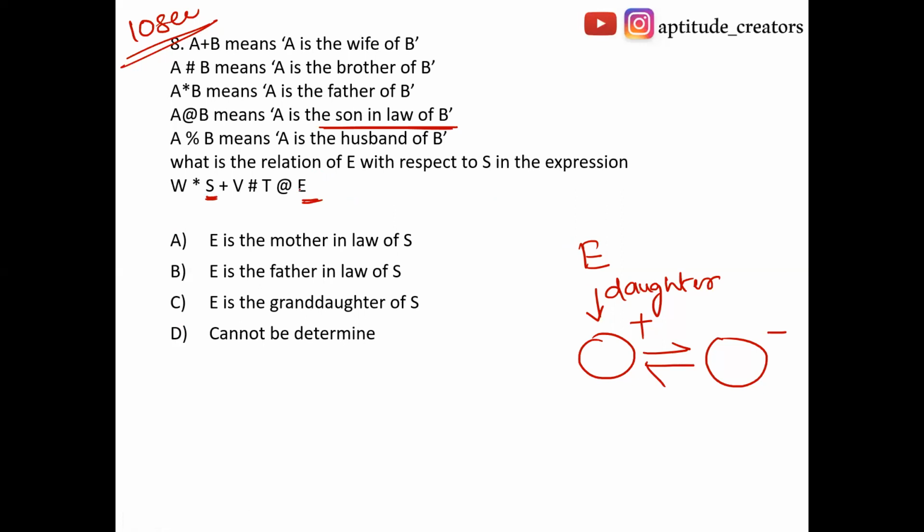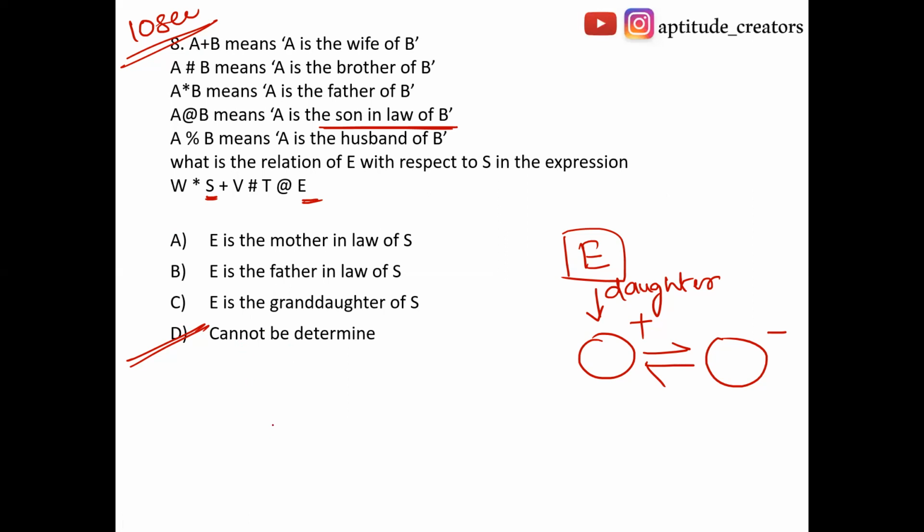Now can I say the answer is cannot be determined because I'm not getting the gender of E? That is the reason I can say cannot be determined. Whenever you see these types of questions, whenever you see an alphabet at the last place, you can blindly say the answer is cannot be determined.